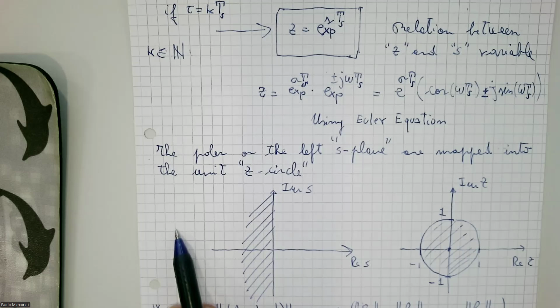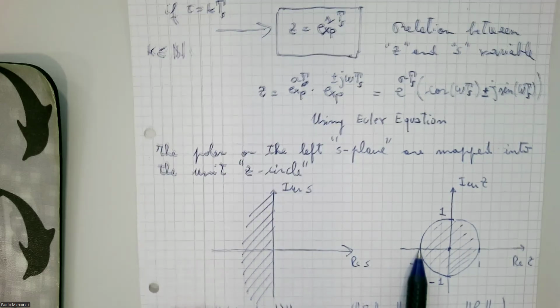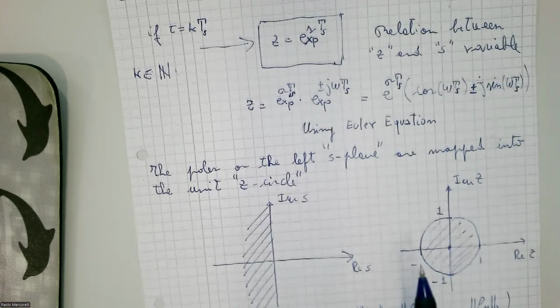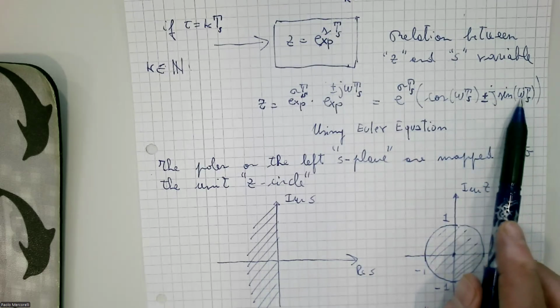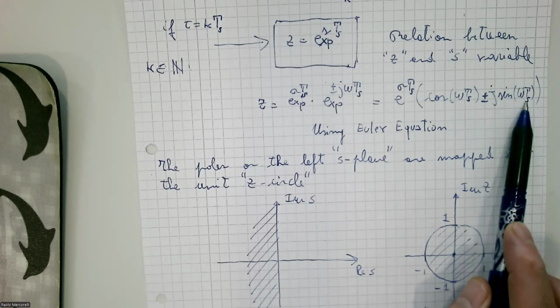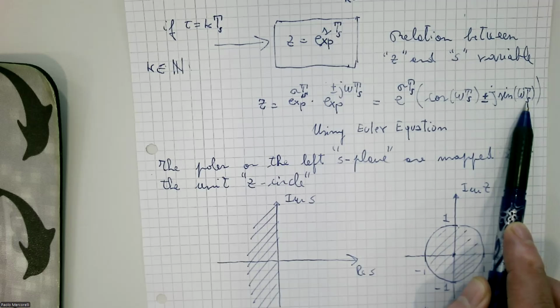Let me say calculated at pi, if I remember well, because this minus 1 is mapped for sigma equals 0 and omega multiplied by Ts equals, better to say, pi.